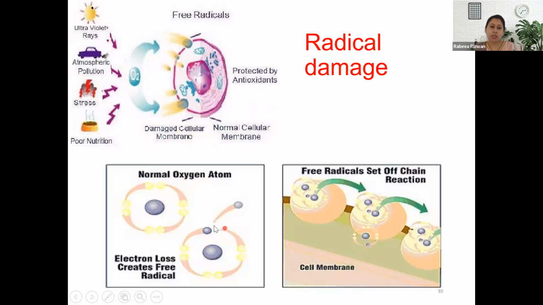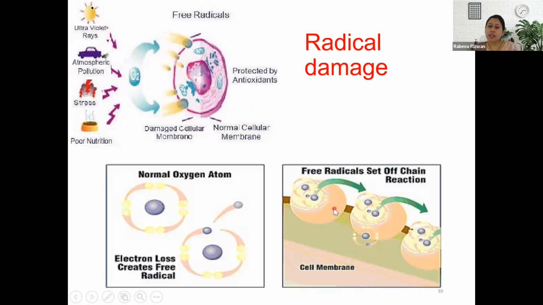This normal oxygen atom or normal cell molecule also changes into a free radical as well. And this process then occurs continuously. When it becomes unstable, it takes an electron from a normal cell. Now it becomes a free radical. For its stability, it now takes from another normal cell.